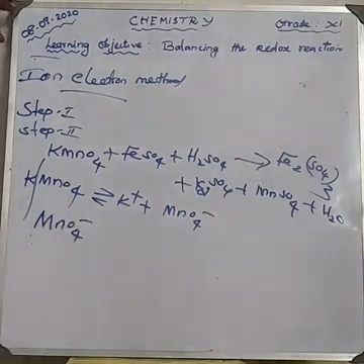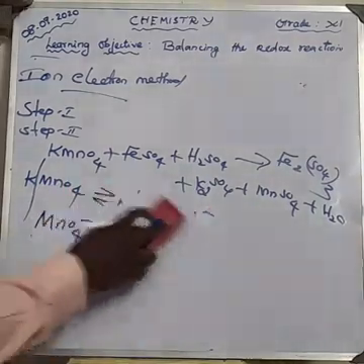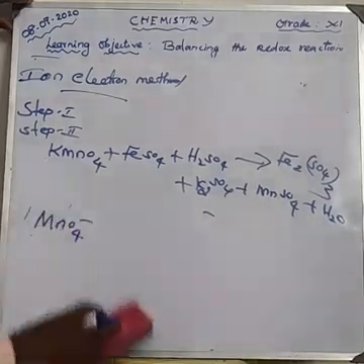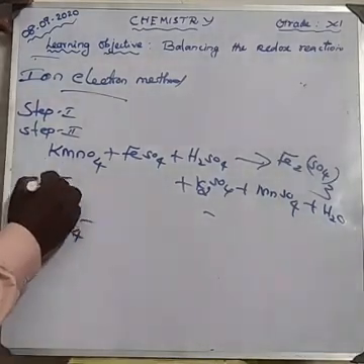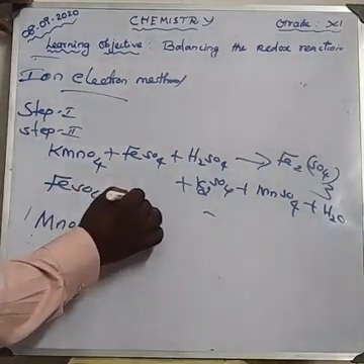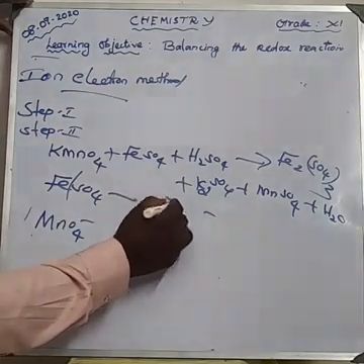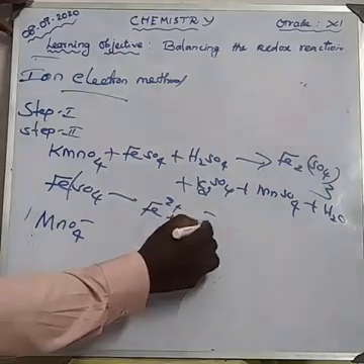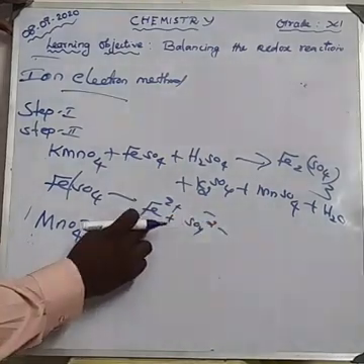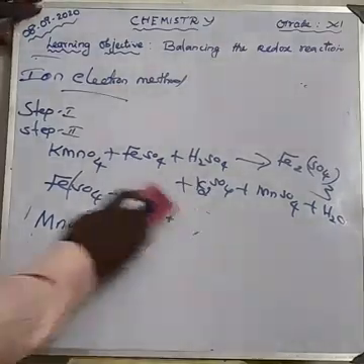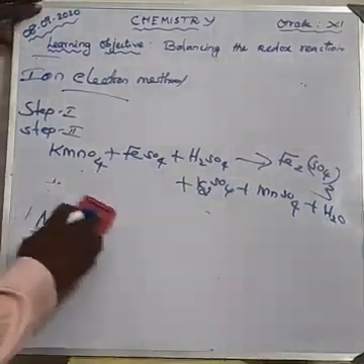MnO4 minus is the first reactant, and next is ferrous sulfate. How will you write the ionic form of ferrous sulfate? FeSO4 is Fe2 plus and SO4 2 minus. We are taking Fe2 plus. Like that, everyone we are taking.